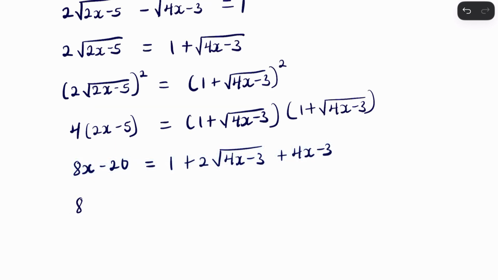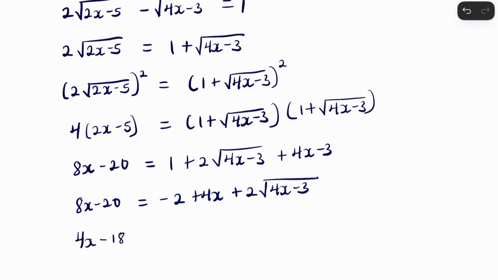Thus, we are going to have 8x - 20 is equal to, so here we have 1 minus 3, so that will be -2, then plus 4x plus 2√(4x - 3). So we can move these guys to the left hand side. So doing so, we are going to have 4x - 18 is equal to 2√(4x - 3).